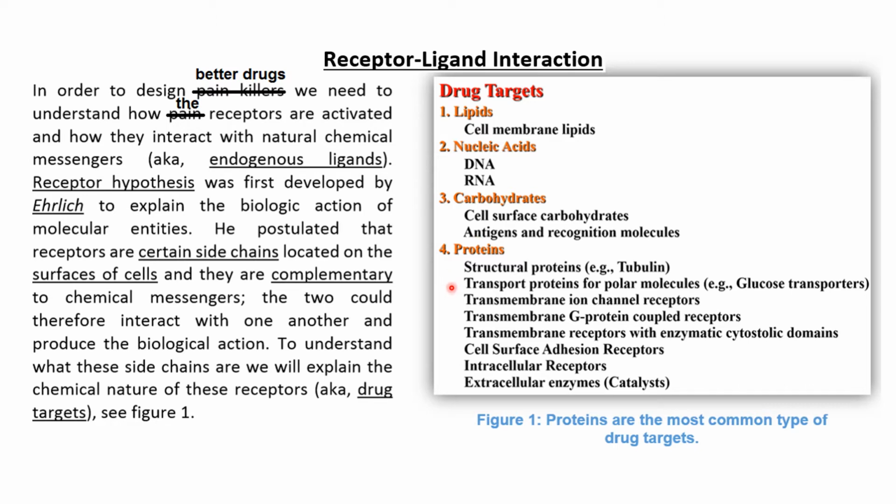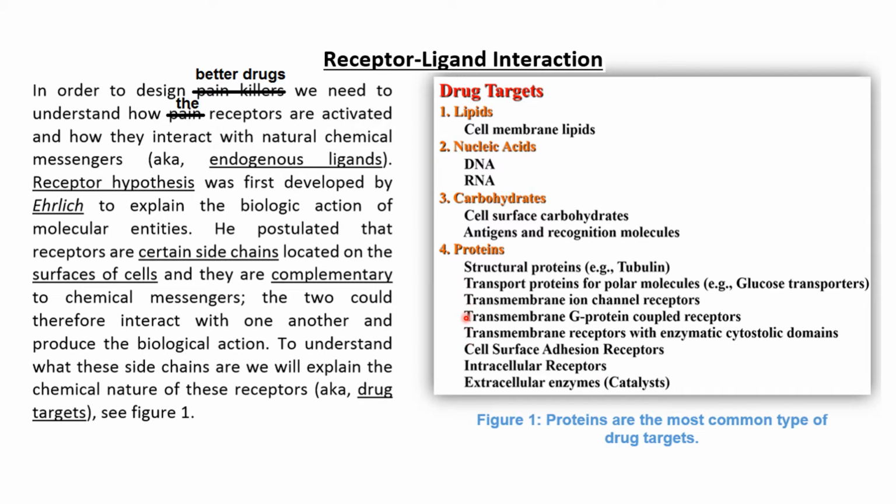And these proteins could be structural proteins. These are proteins that are involved in building the structure of the biological system, such as tubulin. They could be transport proteins that are responsible for transporting polar molecules or amino acids. They could also be transmembrane, and there are 3 kinds of transmembrane proteins.